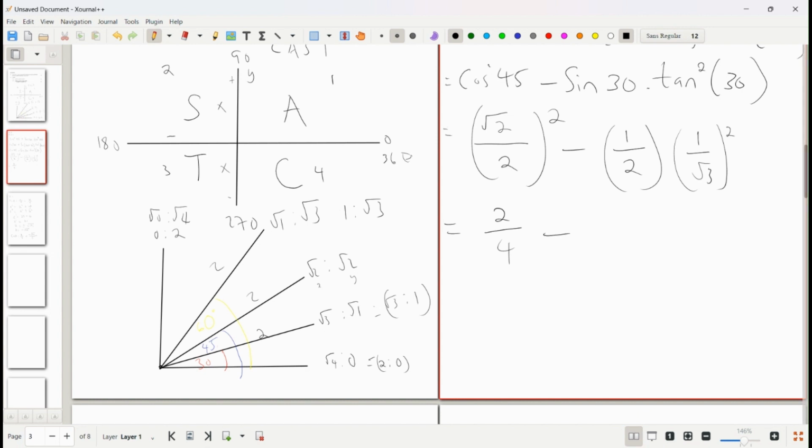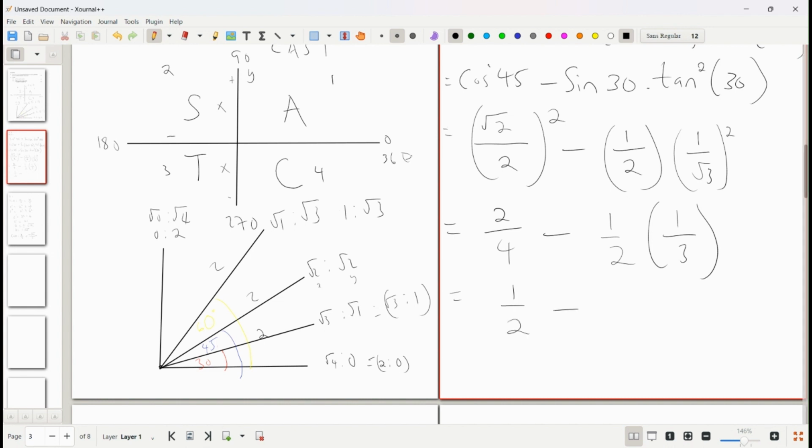And then minus, we have the half here. Let's first work this one. 1 divided by square root of 3 squared will be 1 divided by 3. So 2 divided by 4 is the same as half.